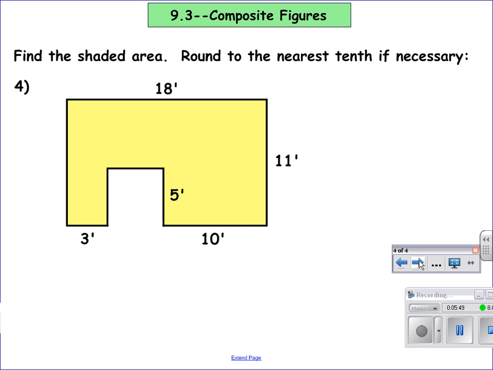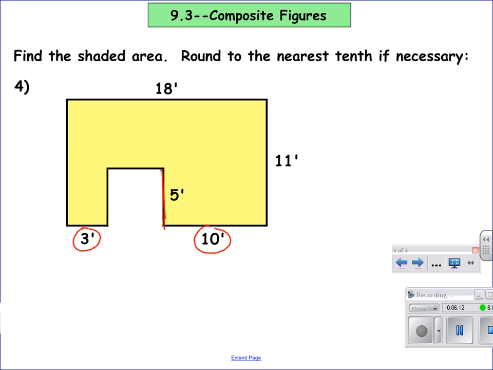Again, not too difficult to figure. I've got a rectangle, 18 by 11, and I'm subtracting out this square right here. Well, let's see if it's a square. I've got 5 here. 5 is here. Let's see, I've got 10 and 3 is a total of 13 along the bottom.